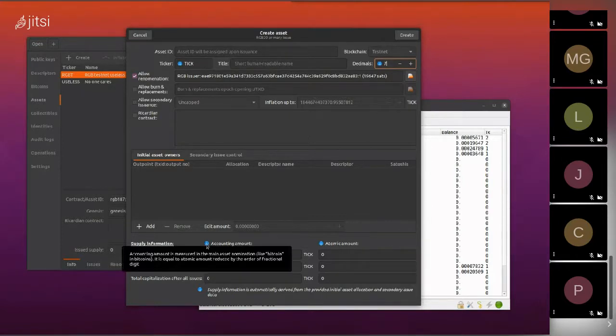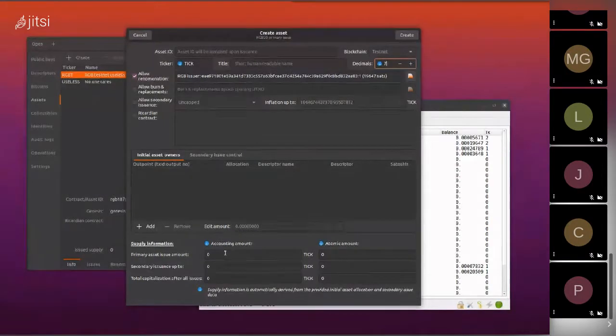Like with the decimals, which is basically a user interface trick applied to the atomic amount, the deflation rate will just decrease according to some formula or percentage over time the atomic amount, starting from the moment of issuance, and present the user interface and the issuer with the information of how much value of the asset is linked to this atomic amount. And that's quite a simple way, and I also would like to hear opinions on this topic.